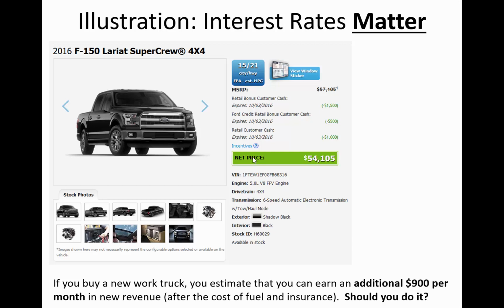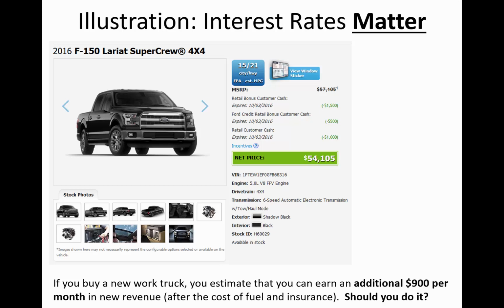We're going to consider that in the case of a new truck purchase. This was in 2016 that I took a screenshot for a particular vehicle, but this Super Crew F-150 had a net price after a couple of incentives of $54,000. I have to believe the new model years may be even a little more expensive, because that's the way things go. But what if you're going to buy this truck and put it into service for business?